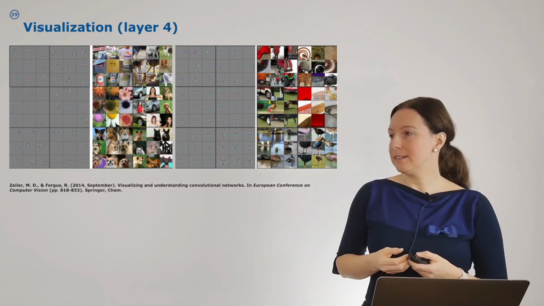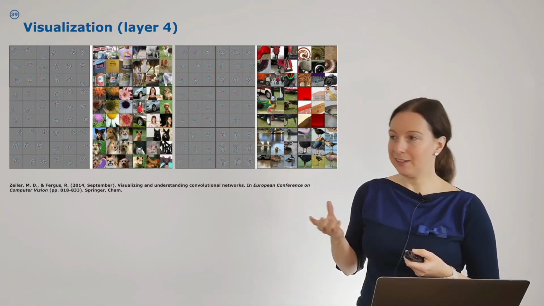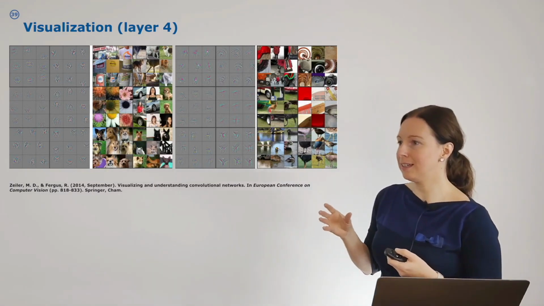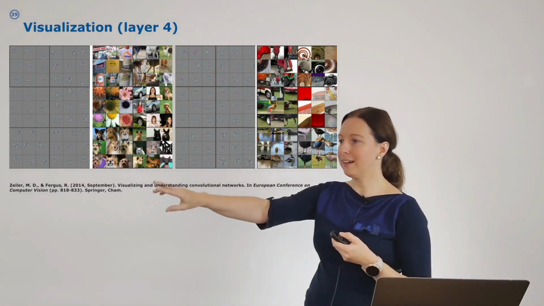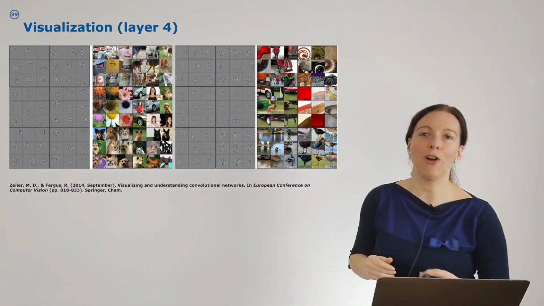Yeah, and if you go to really deep layers, you can nearly get objects. You can nearly, for example, see here, this is nearly a dog detector.